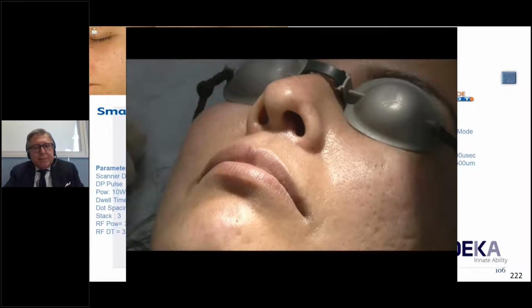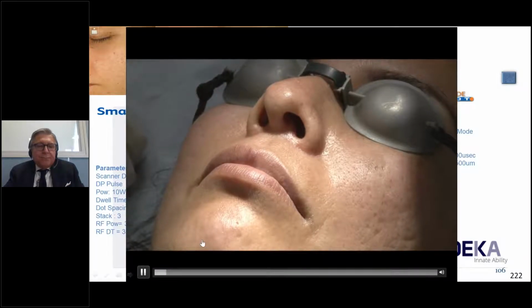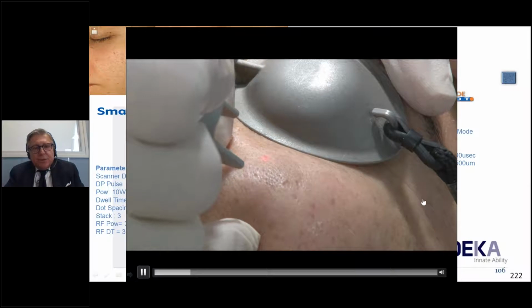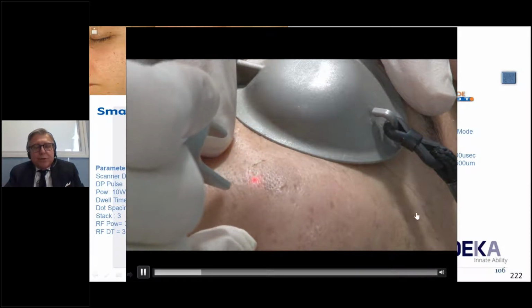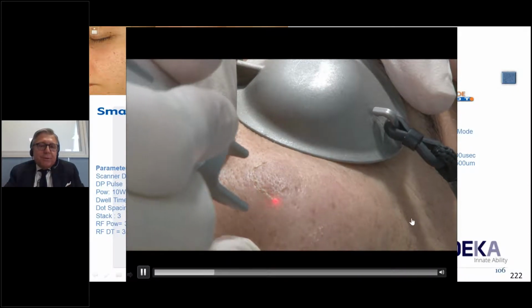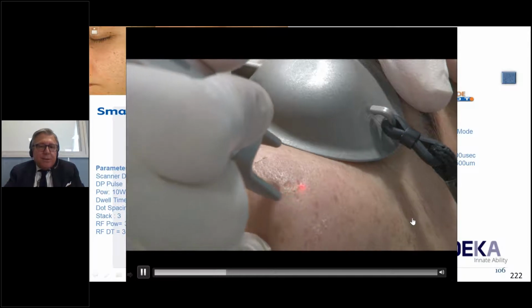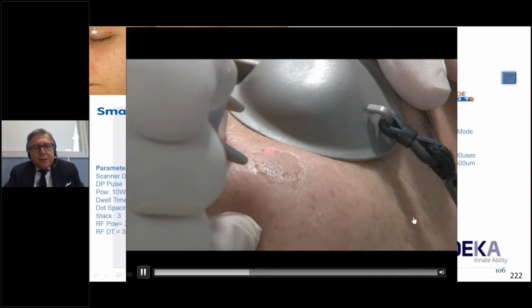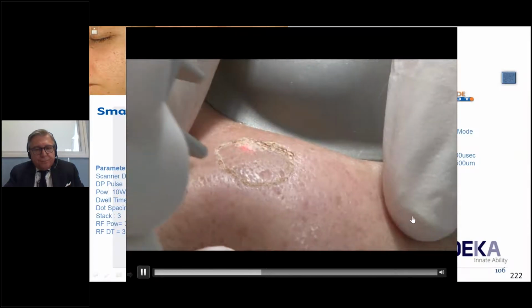How to use the laser? This is one of the examples when you use the freehand to vaporize the edge of the deeper acne scars, the deeper depressions, in particular the surrounding areas of the depression.